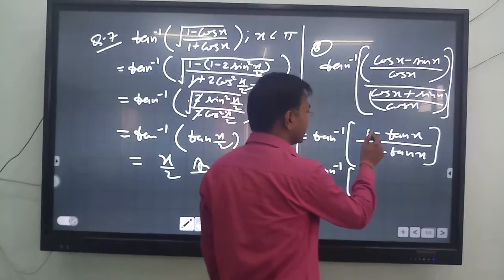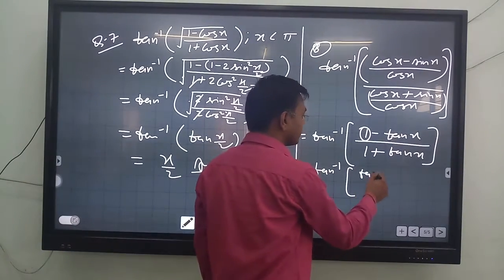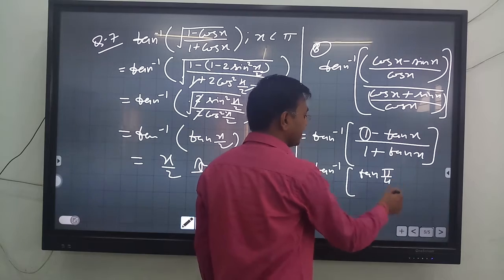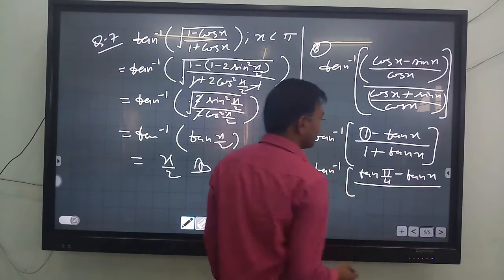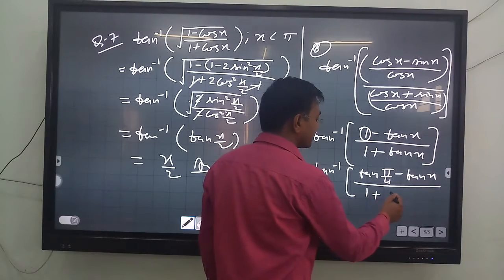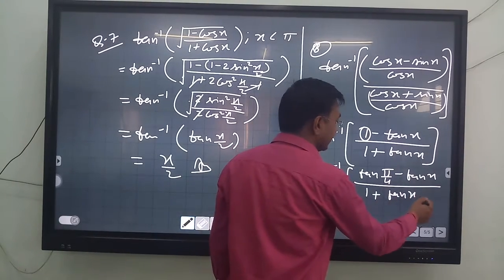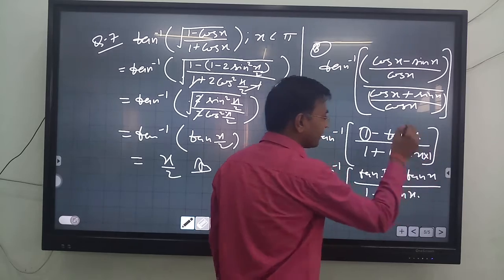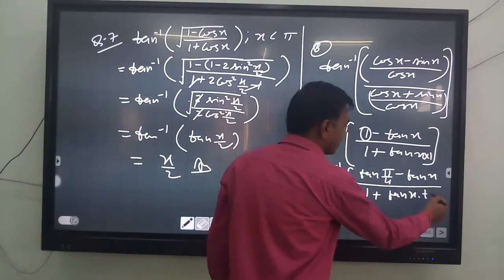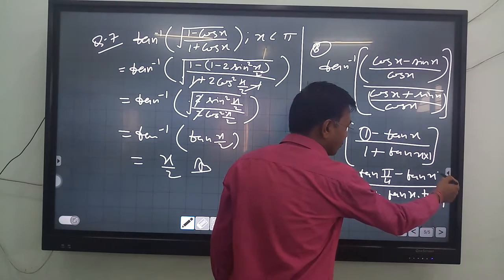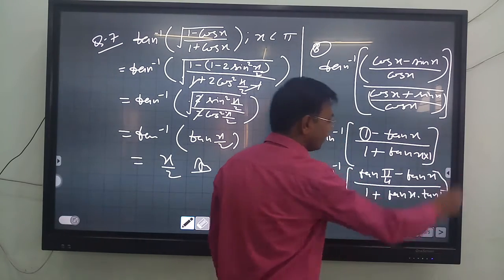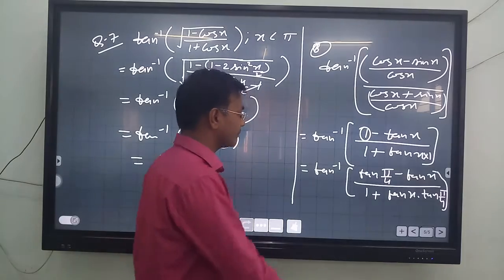Now again this 1 can be written as tan pi by 4 minus tan x upon 1 plus tan x, and into we can write 1 because the product makes the same, and in place of 1 we can write tan pi by 4.